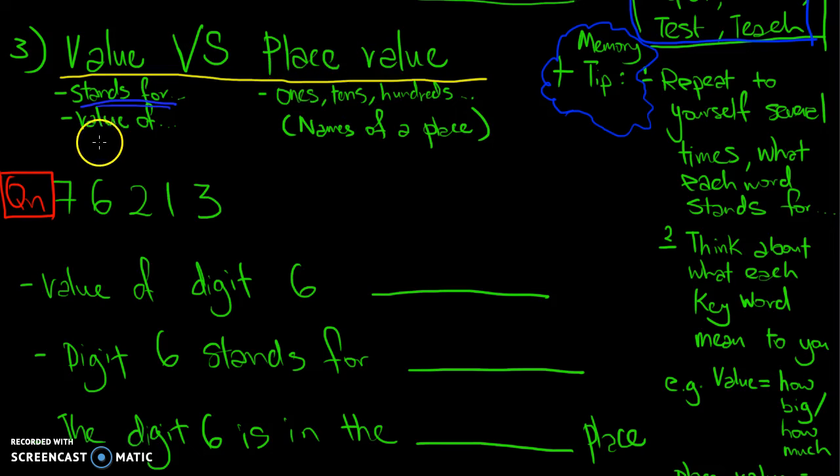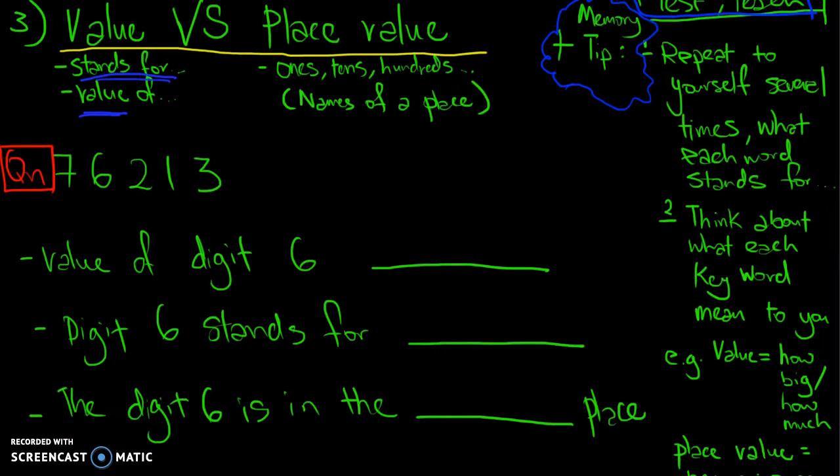You must differentiate between value of and stands for, where they're asking you for the value, and place value questions, where they're asking you for ones, tens, and hundreds. In summary, you must know when they are asking for the value of a number, and when they are asking for the place value. Place value is actually the name of a place, and it's very different from value. When I go into the example, you will have a better idea of what I am talking about.